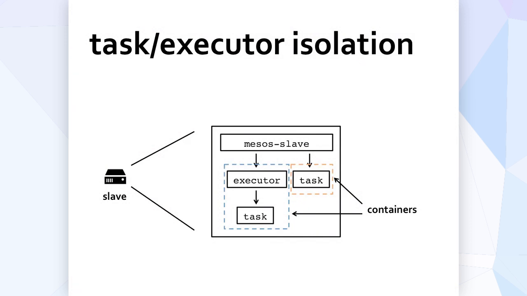But if you run an executor and you pass multiple tasks to it later, the container is actually around that executor and whatever other tasks we've plugged in there. The nice thing about that is the container itself will grow and shrink, in terms of resource constraints, based on the amount of tasks you've actually put in there. So you can get this really nice fine-grained resource containment on an individual slave as well.